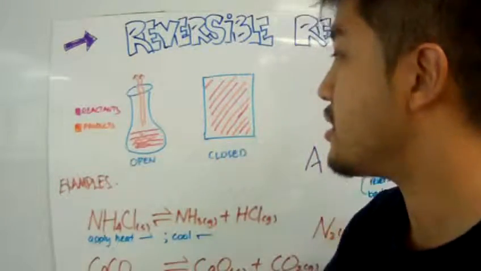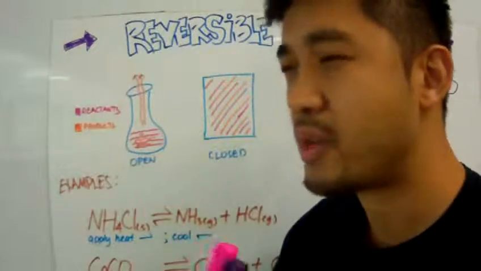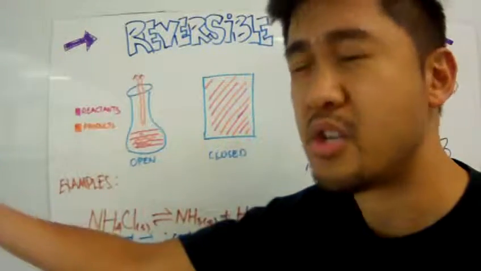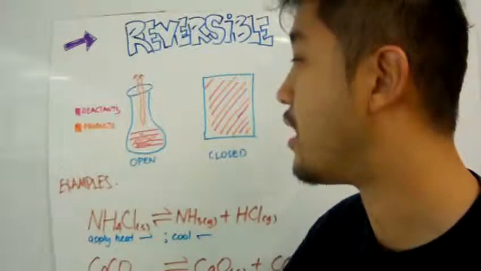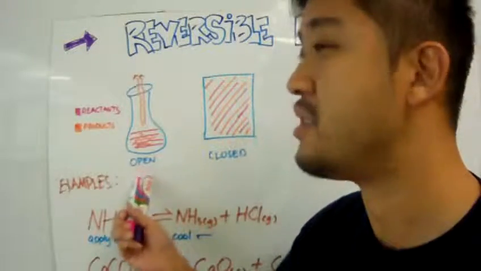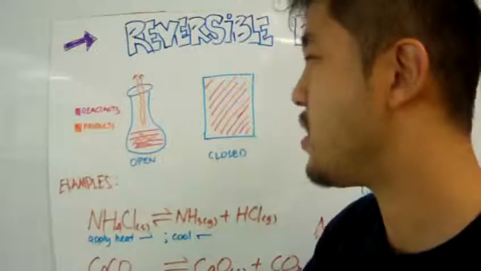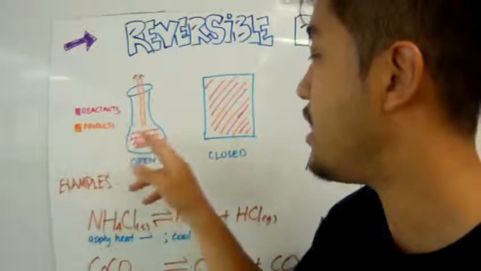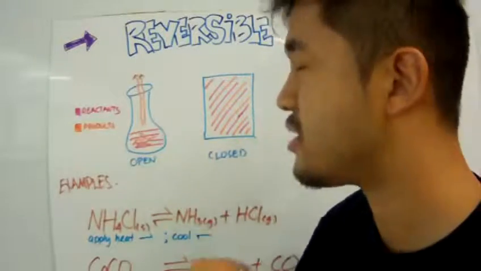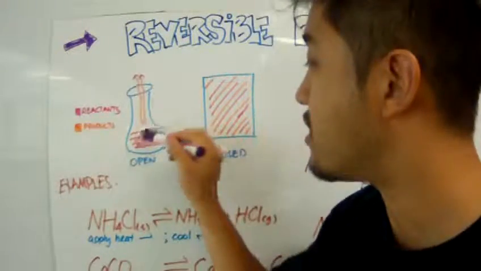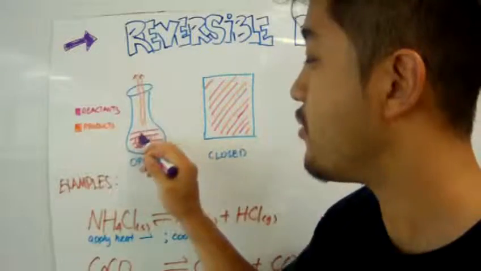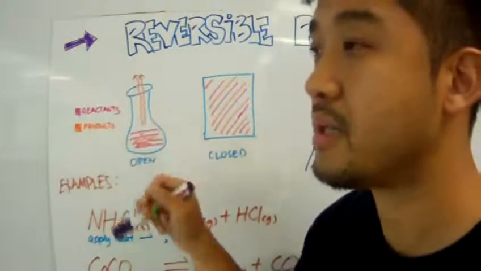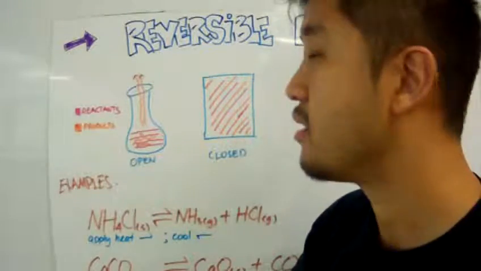Well, it's because when we have reactions out in the real world, in nature, and even in the lab, most of the time it's an open system. Which means that the reactants here in pink are in the reaction vessel, and they're allowed to react, and when they form products, some may be in the vessel, but some of them happen to be gases or liquids.